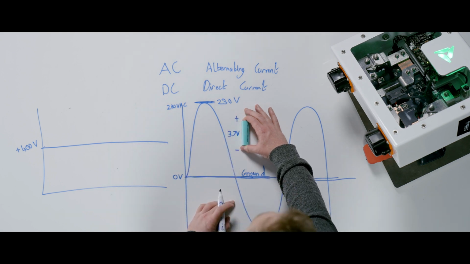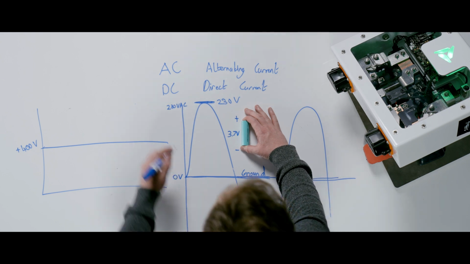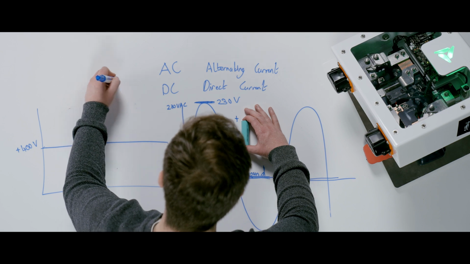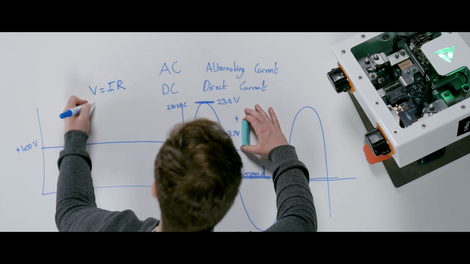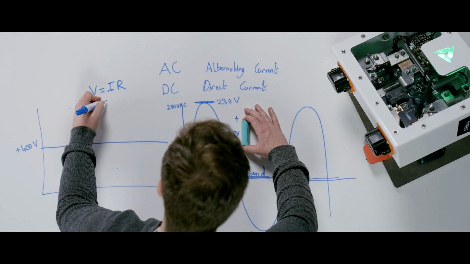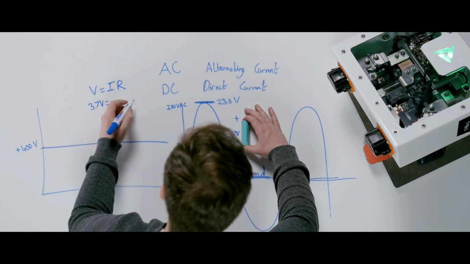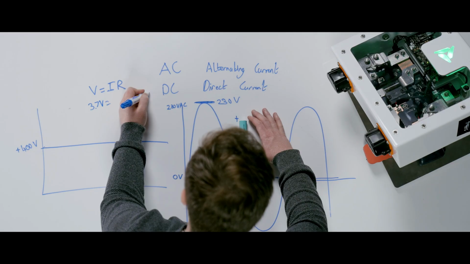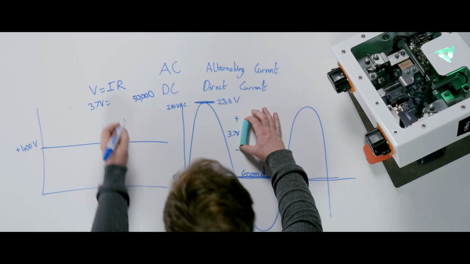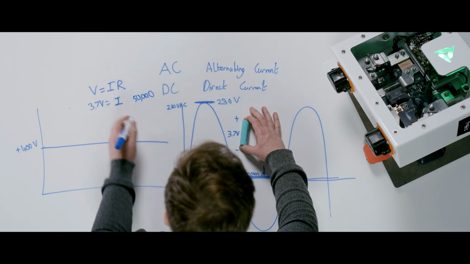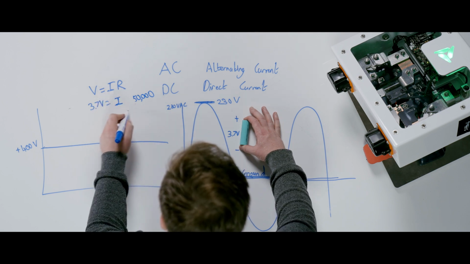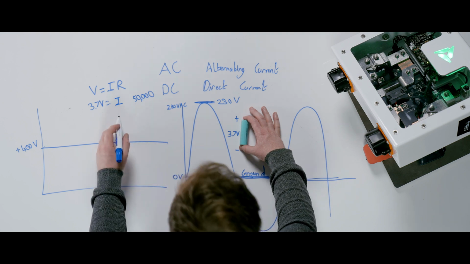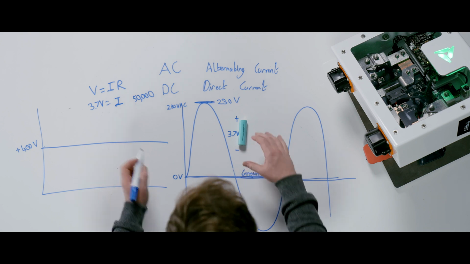It's just a really, really small current, because going back to our fundamental equation here of V is equal to IR, the voltage here is 3.7 volts, but the current is tiny because the resistance of my hands is probably 50,000 ohms or more. So that means that the current flowing through it is 3.7 divided by 50,000. So it's a really, really small current. And that's why you don't have to worry about it.